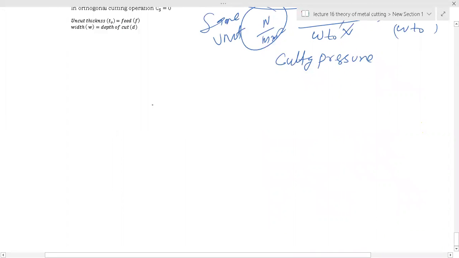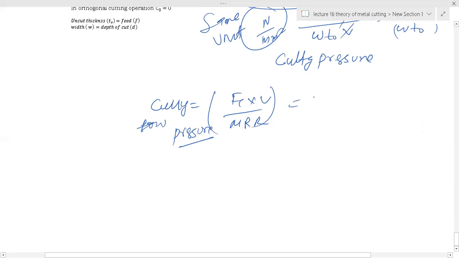So if somebody asks you to calculate cutting pressure, you have to calculate Fc into V by area, that is MRR. Sorry, cutting pressure. You will think, what is this cutting pressure?